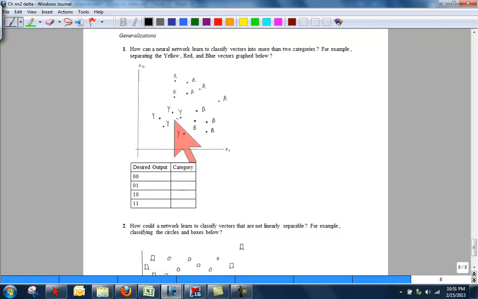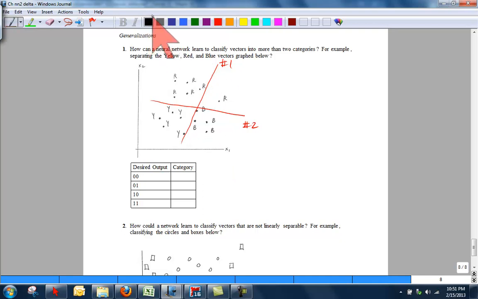For example, if I put one decision boundary right about here, and another decision boundary right here, and if this is number 1 and this is number 2, then if I know which side of number 1 I'm on and which side of number 2 I'm on, I'll be able to tell you whether I'm in red land or yellow land or blue land.